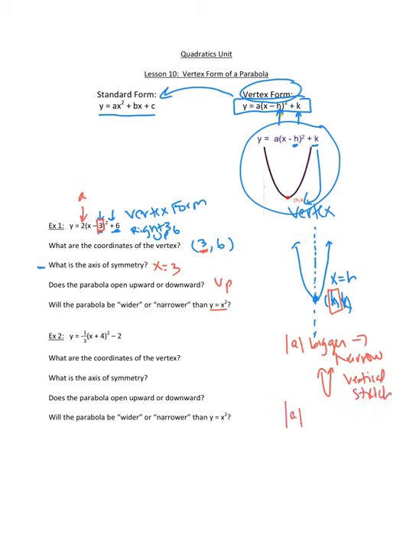And as the absolute value of a gets smaller, your parabola becomes wider. It becomes like this, and it's called a vertical shrink. So this 2 tells me that the absolute value of a is getting bigger. This is going to be narrower, or a vertical stretch.